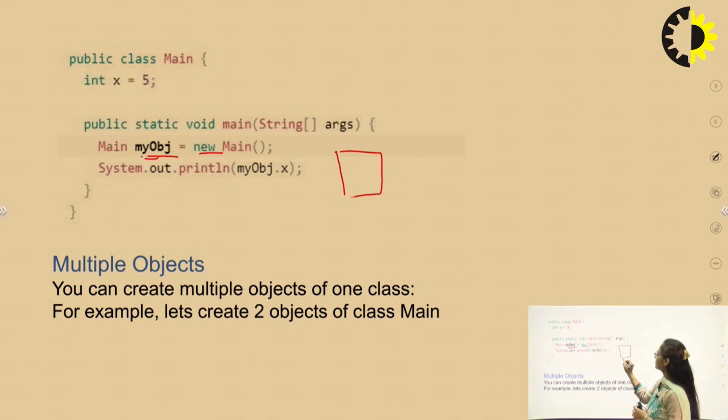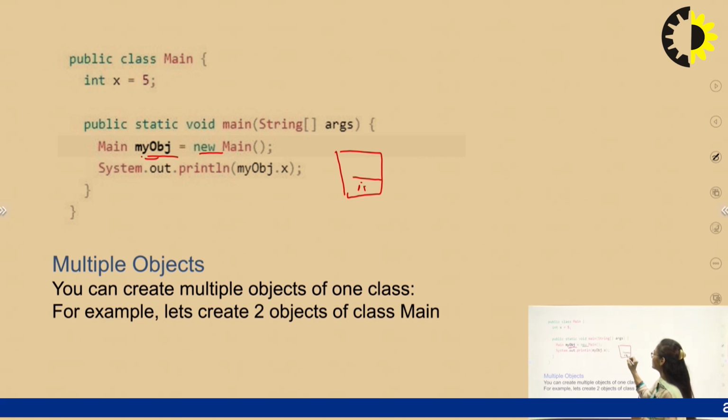When we discuss the memory space, it means the new keyword gives the address for this particular value. That address is used for this object initialization. So, when we discuss object initialization, it means that my object will be created, and space will be created for that particular object.